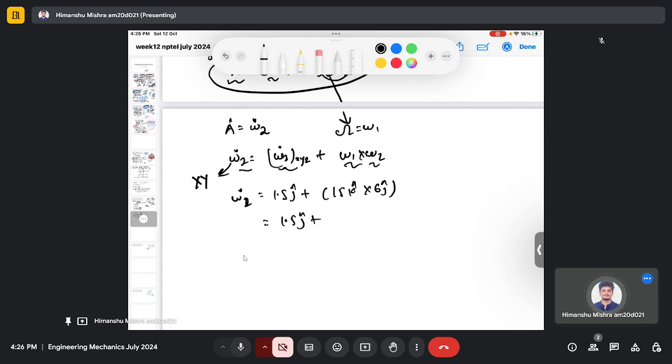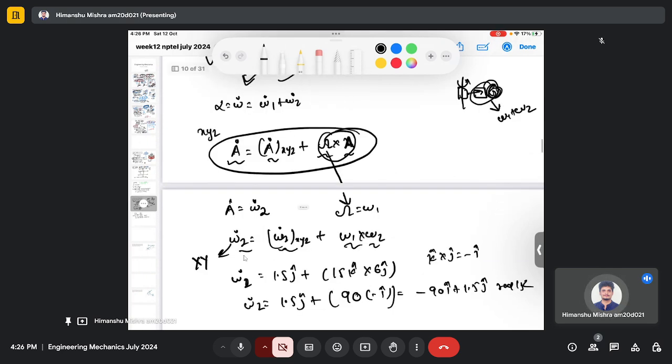So this will be 15 multiplied by 6, which is 90, and k cross j will give me minus i. So it will be minus 90i plus 1.5j rad per second square. This is my omega dot 2 with respect to the fixed frame.